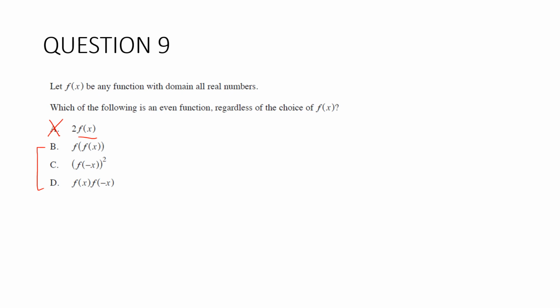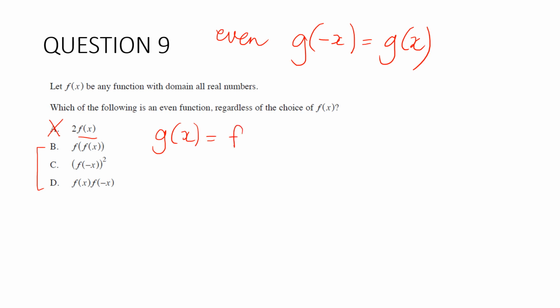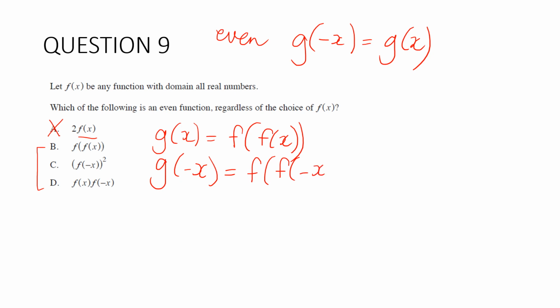Now before we start, for it to be even, what we really want, I'm going to use g of x, is for g of negative x to equal g of x. All right, so let's start with B. So we're going to let g of x equal f of x. Now let's have a look at g of negative x. And so that's f of negative x. Now we don't know whether this is even or odd or neither.